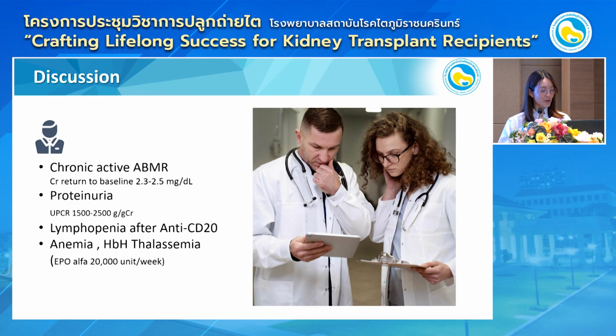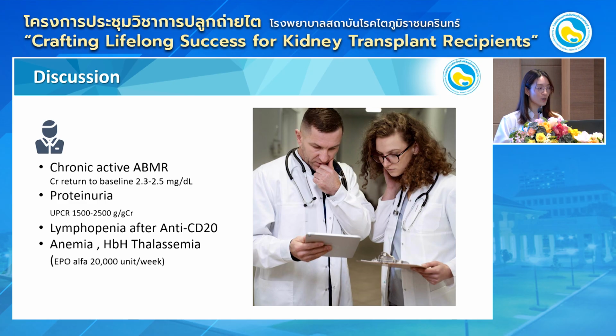The problem of this patient right now is that even though he received the anti-CD20 and experienced some side effects of the drug, such as anemia and neutropenia, his creatinine has returned to baseline, but he experienced a lot of proteinuria, about 1,500 up to 2,000 milligrams per gram creatinine per day.